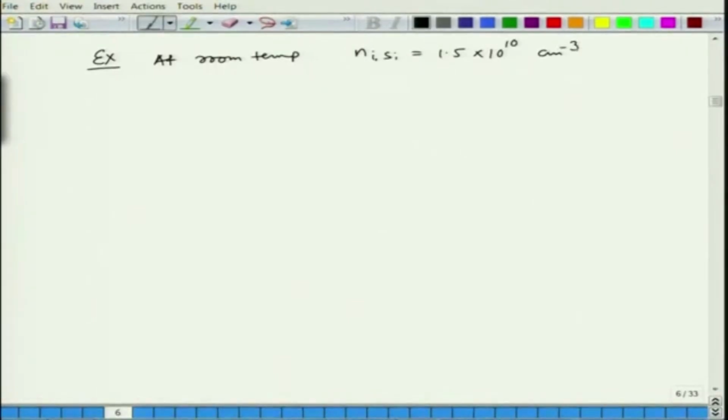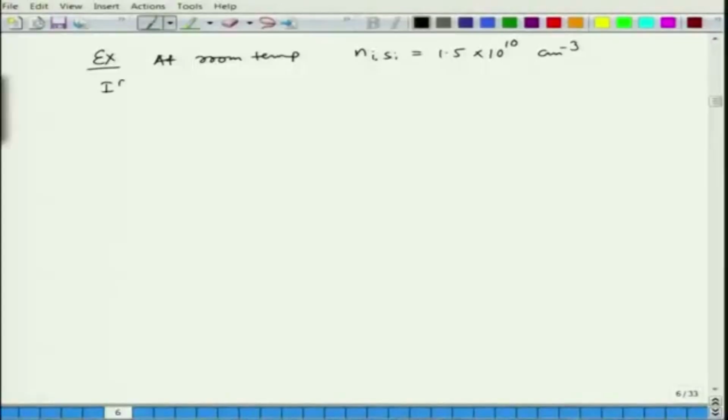So, per centimeter cube of pure silicon, you will have 1.5 into 10 to the power 10 electrons and equal number of holes. Now, if it is doped with 1 into 10 to the power 15 atoms of aluminum per cubic centimeter.